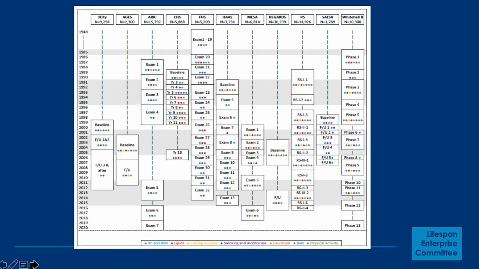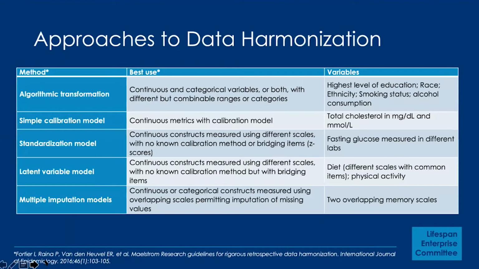When we talk about harmonization, what we're talking about is a variety of different approaches. So we use different methods to actually ensure the harmonization of different types of variables based on what we can do and what we need to do to actually make scientific contributions. So what we most often see is algorithmic transformation.